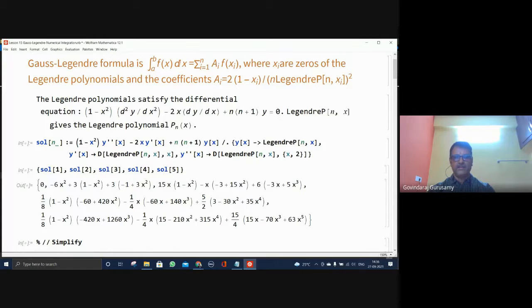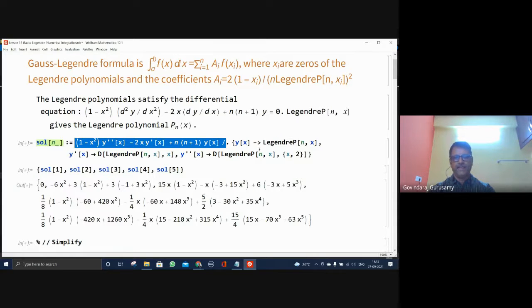The solutions are special functions, and they are named after the person who discovered the Legendre polynomial. It is being substituted here and checked up to 5. I have written a solution for n in the differential equation form, which evaluates the solution.